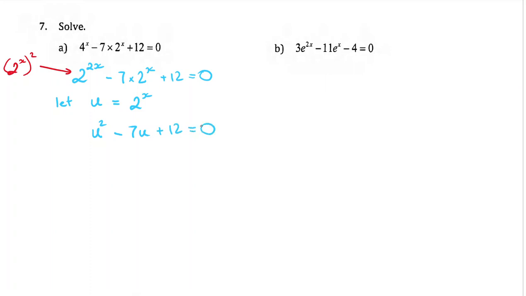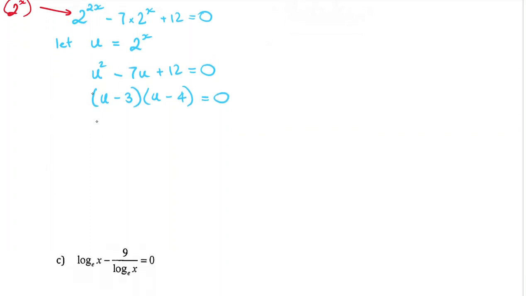Happy days, it's a lovely quadratic. And I can solve it to find u. So, what times to give 12 and adds to give minus 7? -3 and -4, good. u minus 3, u minus 4 equals 0. So that means, using null factor, that u equals 3 or u equals 4.